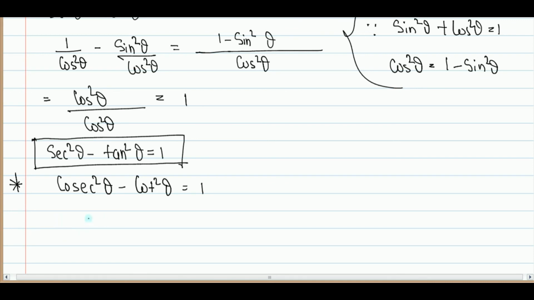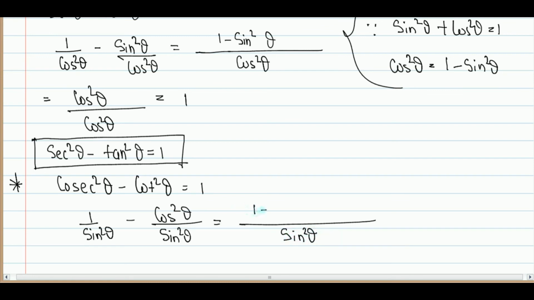You can write cosec square theta as 1 by sin square theta. Fine. And cot square theta as cos square theta divided by sin square theta. You can take sin square theta as denominator, and the numerator will be 1 minus cos square theta.